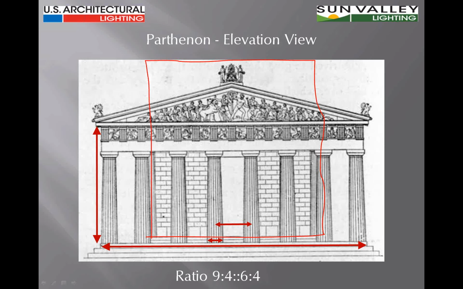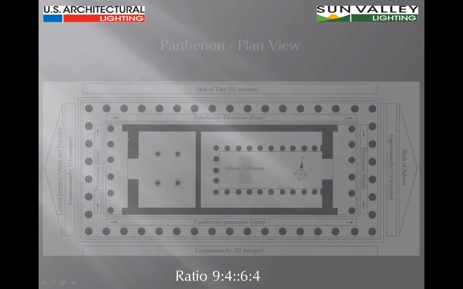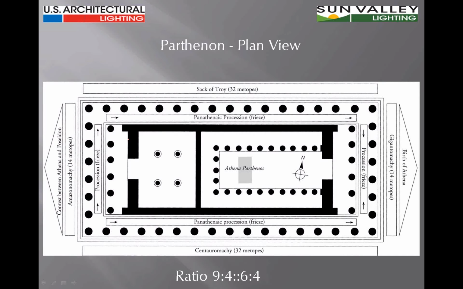That square that was defined by these dimensions is actually a square that's 6 units by 6 units square. So they would use boxes, rectangles that all had these same relative ratios of 9:4, 6:4, etc. in the building. It even extended to the inside of the building. In plan view, when you look at the Parthenon, it's precisely 4 times to 9 times the width to the length.